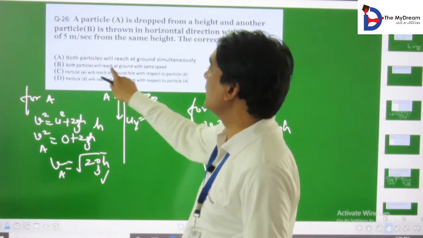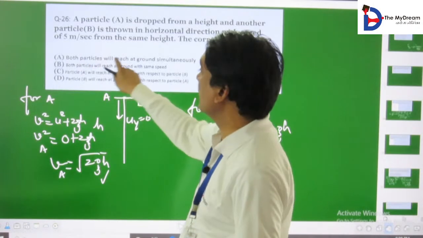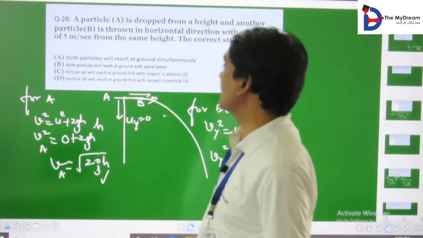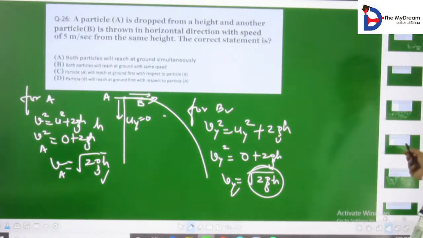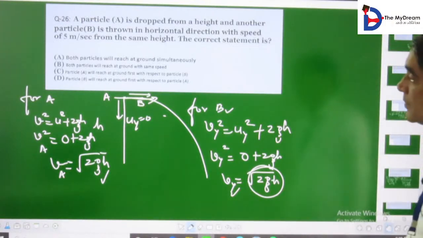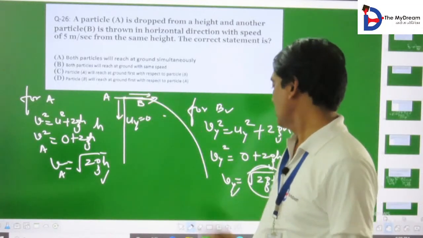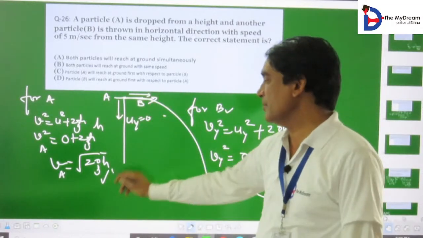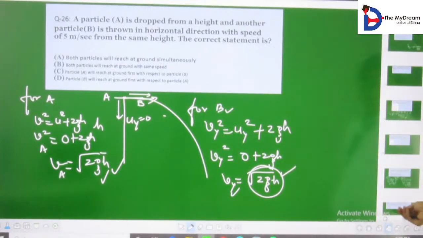Both particles will reach the ground with the same speed. They reach together. Understood? It is not that A reaches first and B later, or B first. No, they are attaining the same velocity. That's why they are reaching the same velocity.